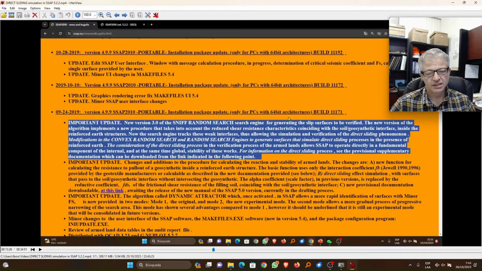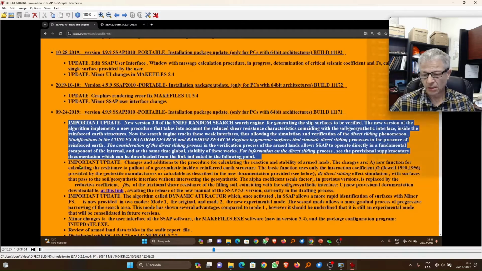And this is extremely useful when we use it to simulate and verify the direct sliding possibility and phenomena in the weak interface between the geogrids and/or geosynthetics and the filling soil in the reinforced earth structure.